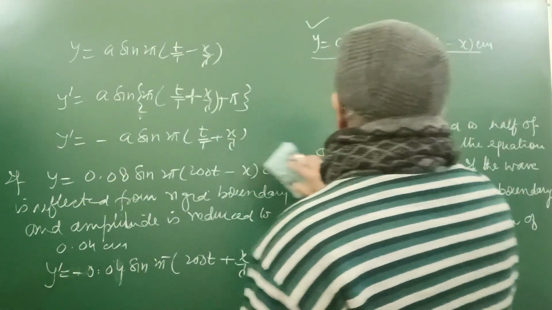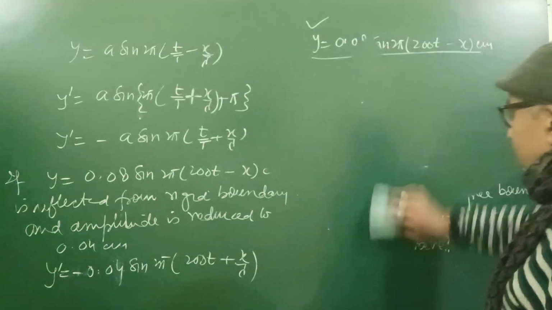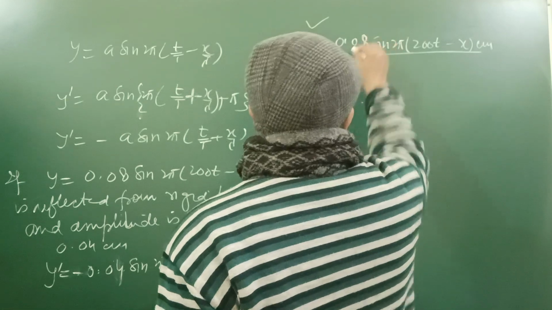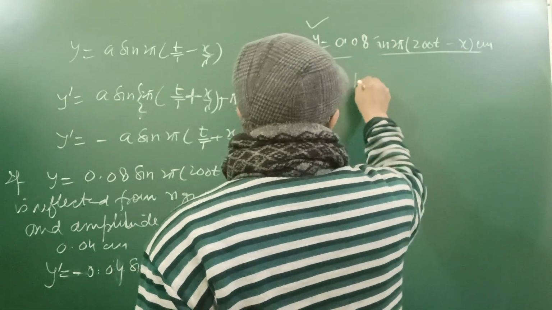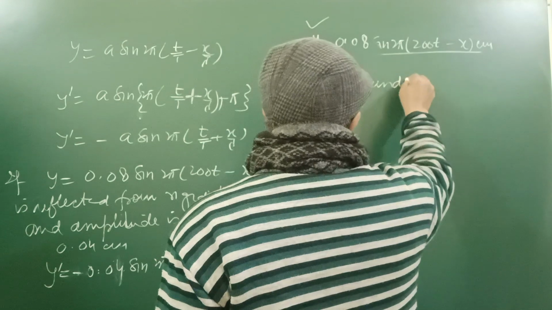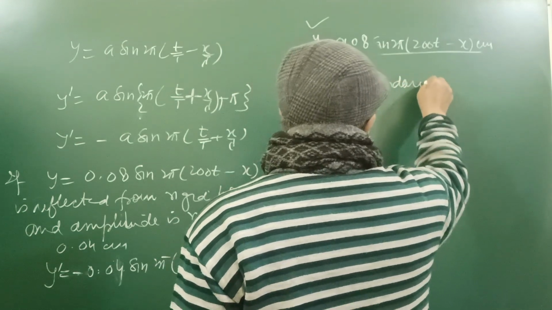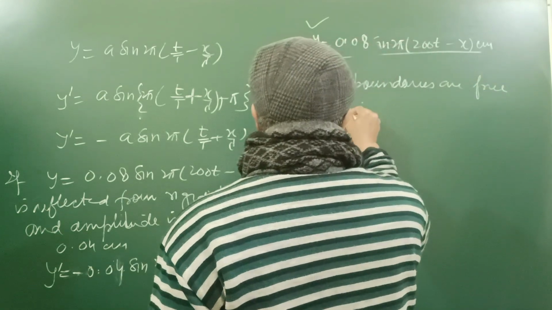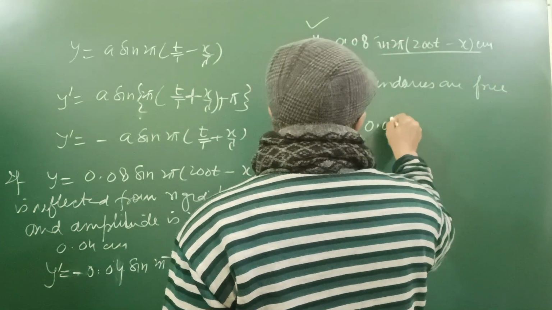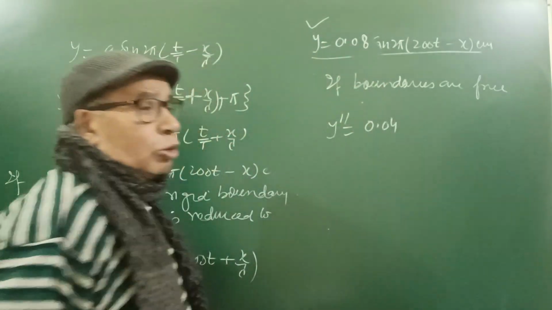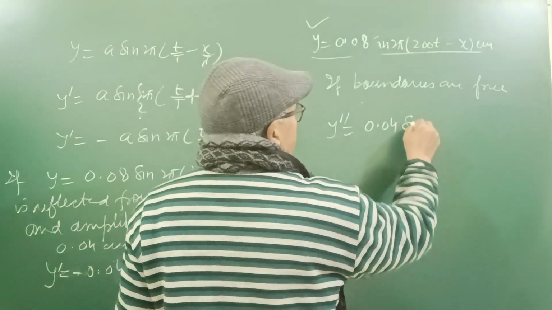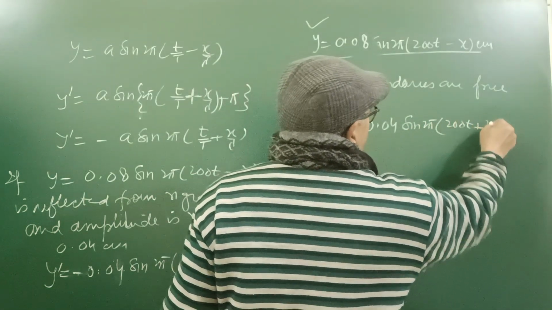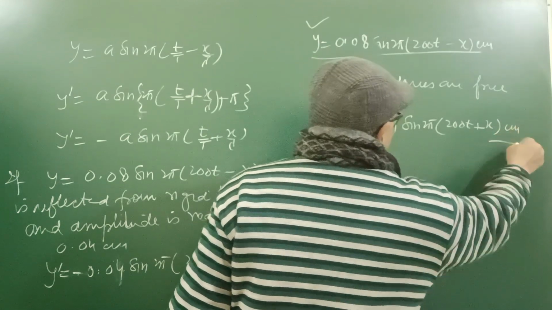Now, if the boundary were free, there occurs no change of phase, then y double dash equals 0.04, because the amplitude is reduced to half, sine 2 pi (200 t plus x) centimeter.